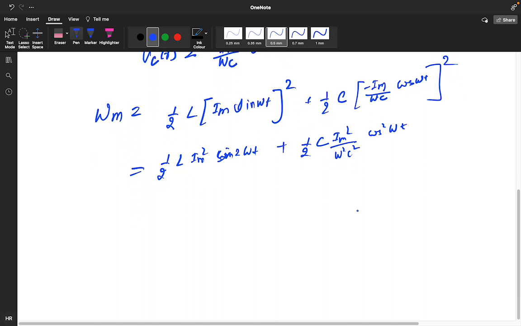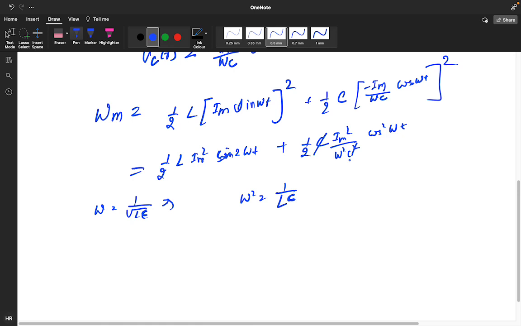Now you need to put the value of omega. What omega value will you put? 1 upon root under LC. So omega square will be 1 by LC, and this particular term will get cancelled out.